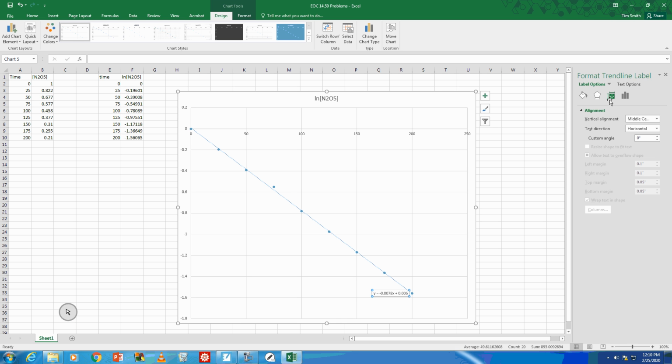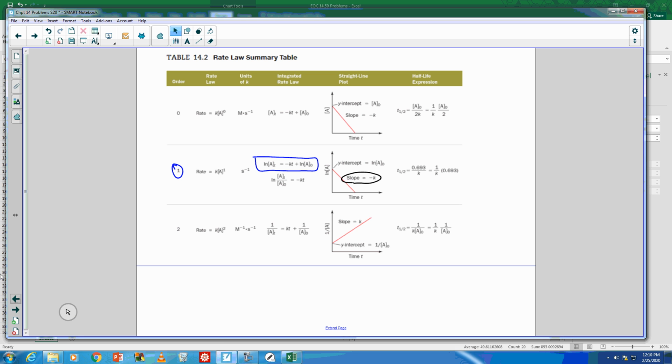Now that number maybe makes more sense. So 0.0078 inverse seconds. It's plotted right.